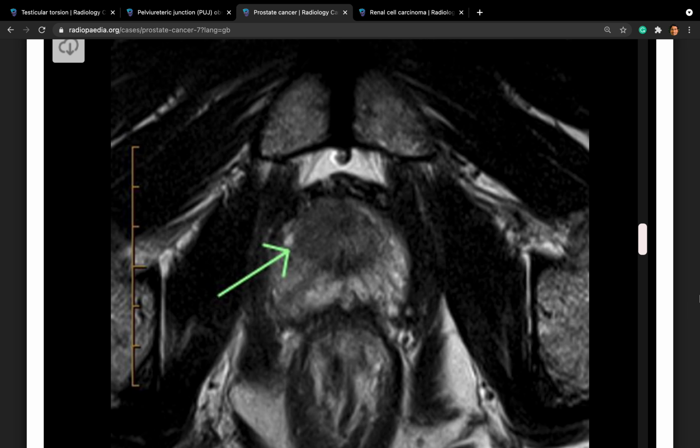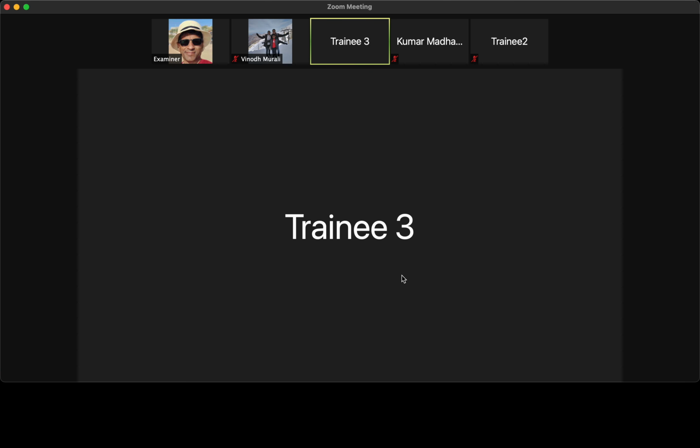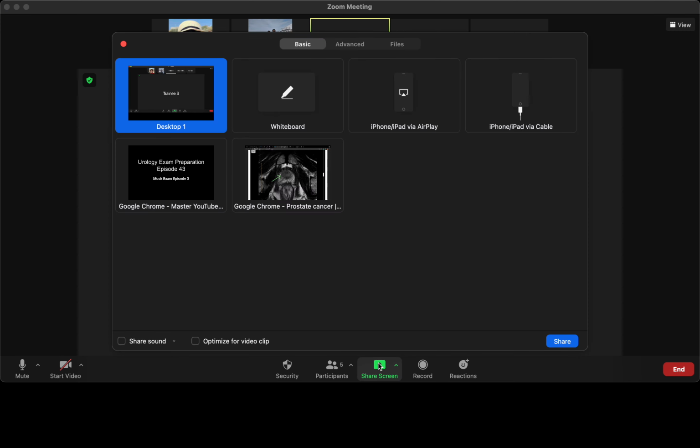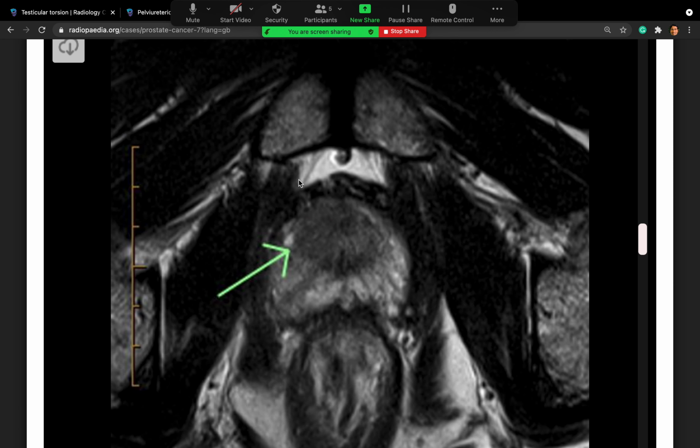Score 1 is highly unlikely to be significant prostate cancer. Score 2 is unlikely to be a significant prostate cancer. Score 3 is equivocal. Score 4 is likely to be significant prostate cancer, while score 5 is extremely likely to be prostate cancer.